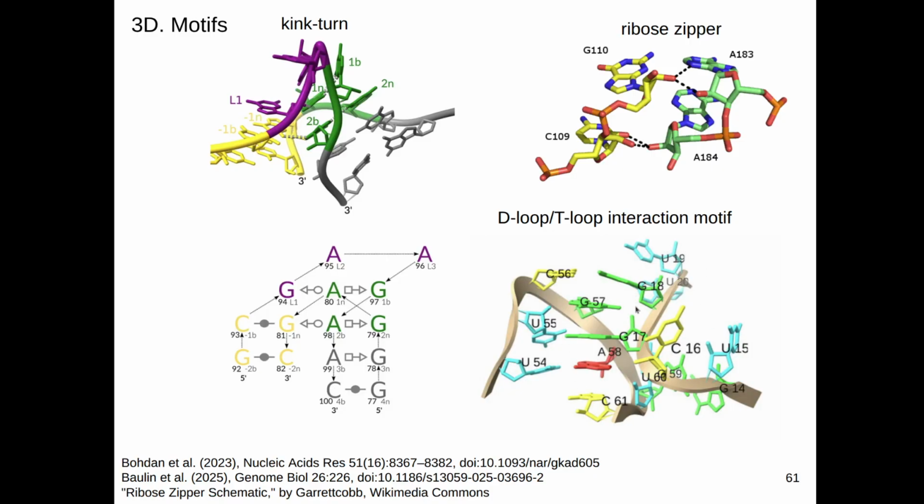So this is an example of long-range interaction formed between the D loop and T loop in a transfer RNA, in tRNA. We have instances of this motif in ribosomal RNA as well, in some other cases, but the canonical instance, which is the source of the naming, is the D loop and T loop pair of transfer RNA.